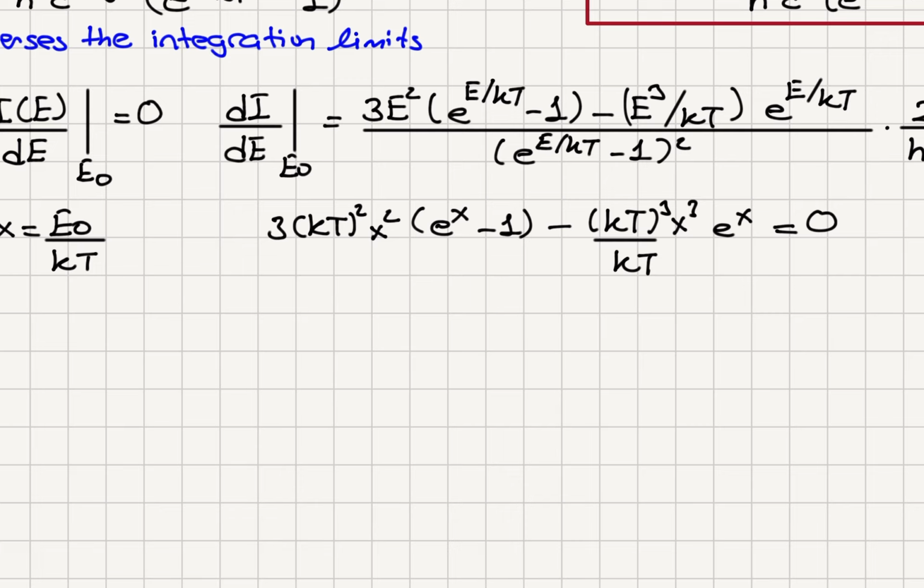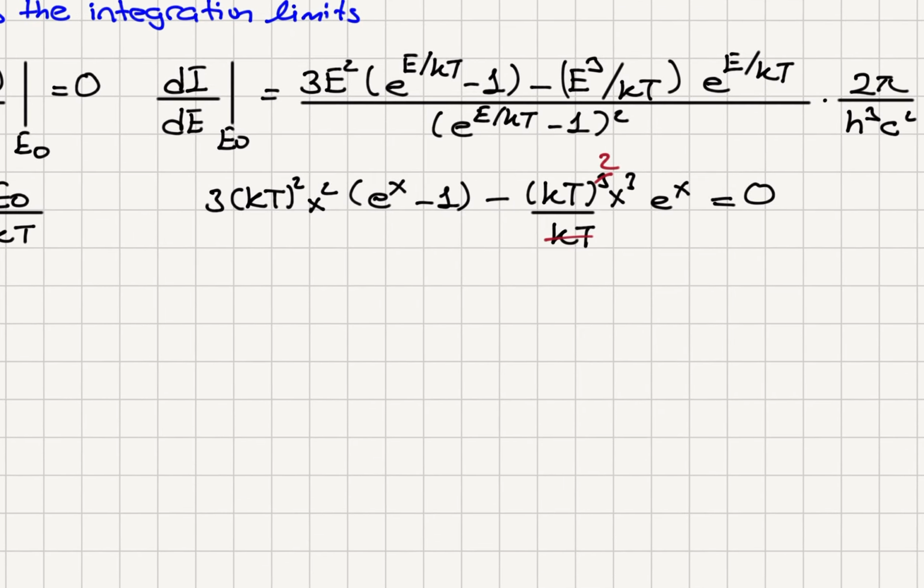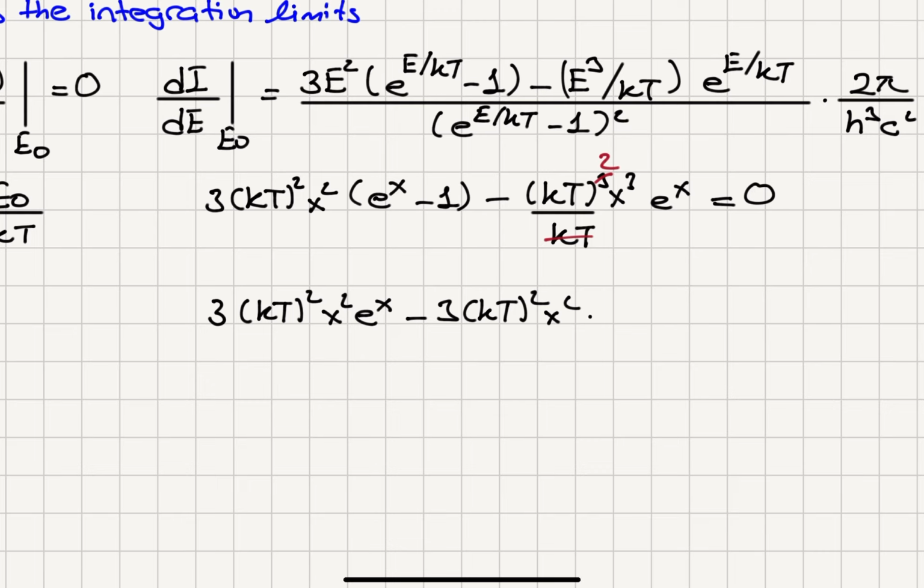And here we have this kT cubed becoming kT squared. So we obtain 3 kT squared x squared e to the x, minus 3 kT squared x squared, minus kT squared x cubed e to the x, is equal to 0.